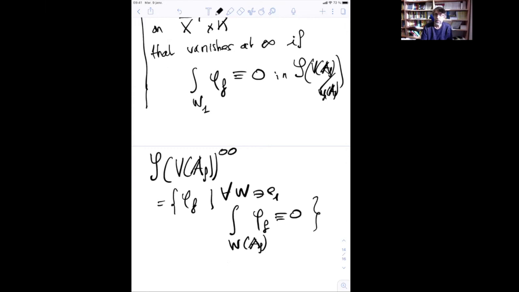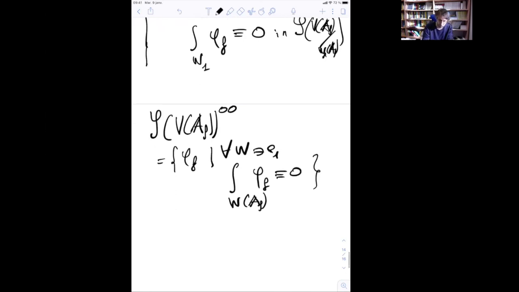And so under this condition you can push to some part of the boundary, namely all the flags that contain E_1 or a translate of E_1 by gamma, because in the end the Schwarz function will be gamma invariant. So these Schwarz functions have a special behavior at some particular cusp.